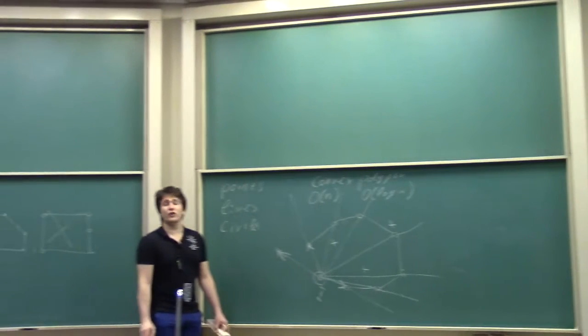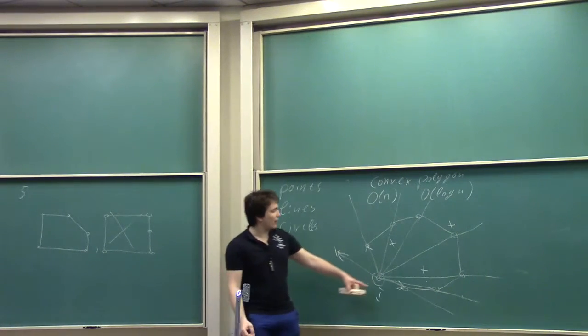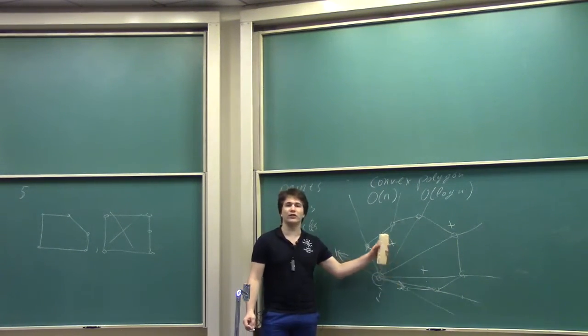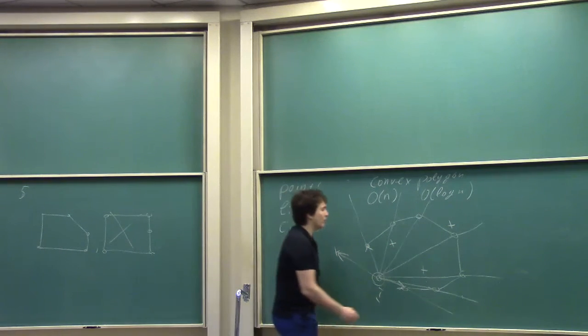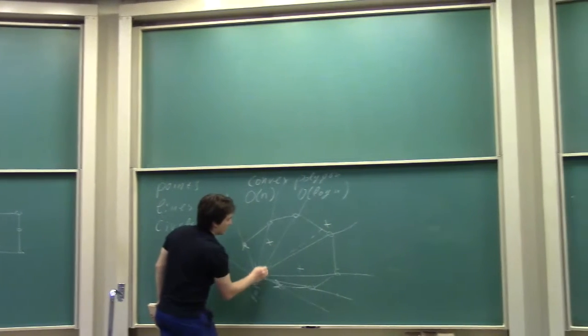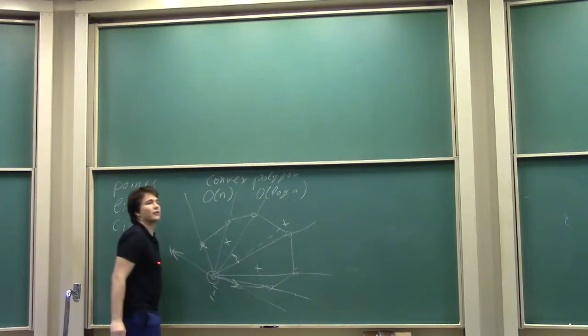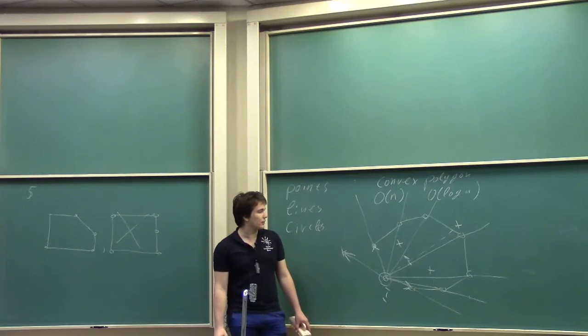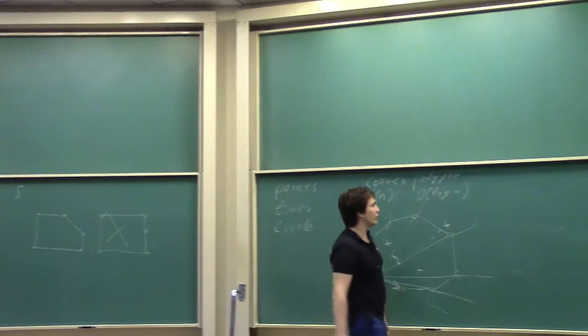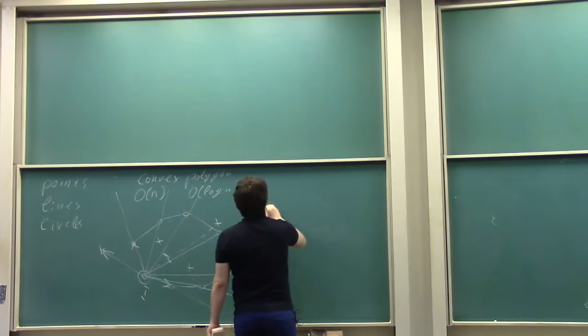So, how do you do this? You just have a sorted list of these angles. And what you do is you do binary search. You do binary search and find two that bound this angle. That's it. So we have a sorted list of angles.